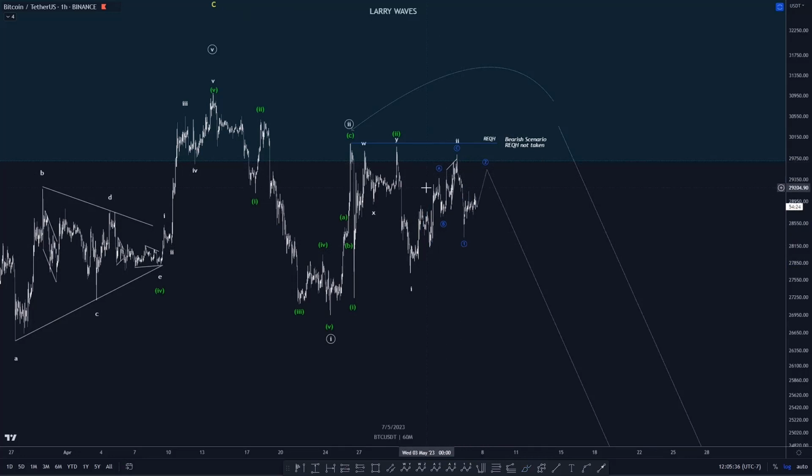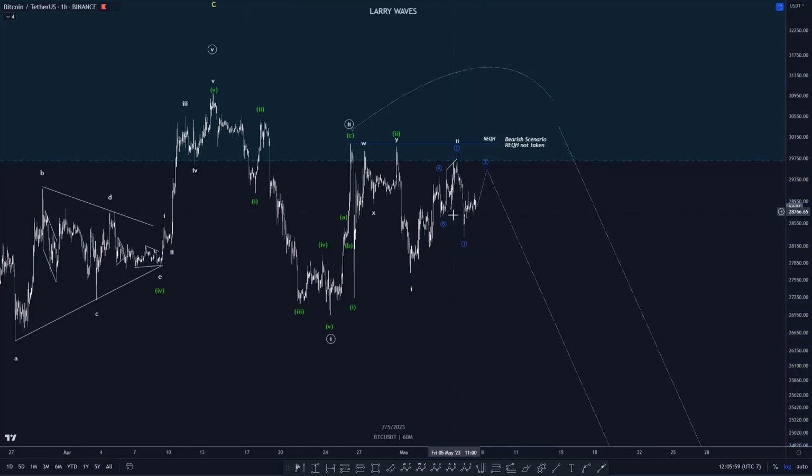So there are several ways that we can try to view this structure. I haven't really settled on one where I feel like it completely respects its structure based on Elliott Wave. But like I said, it is a very corrective structure no matter how you look at it. So it's in line with what we expect for a wave 2 correction.